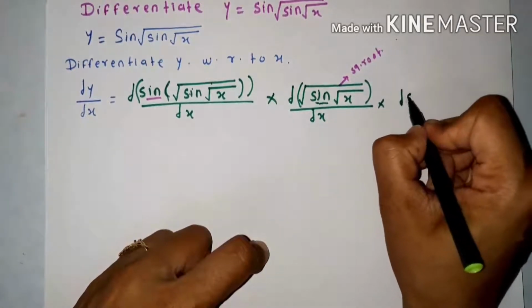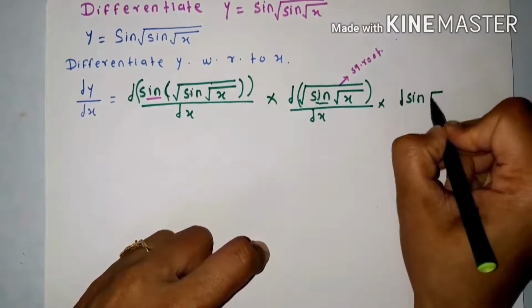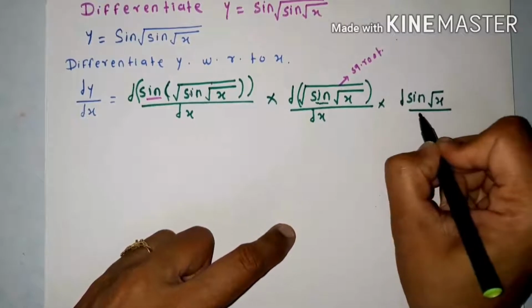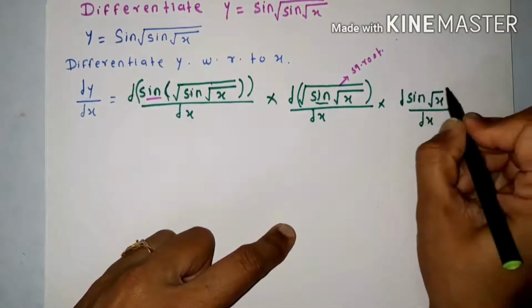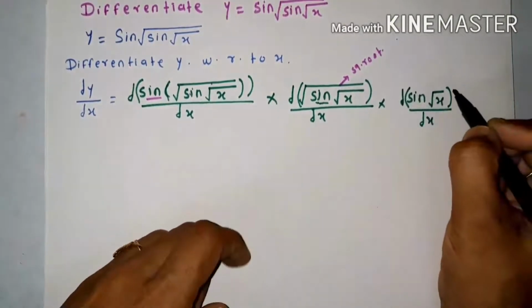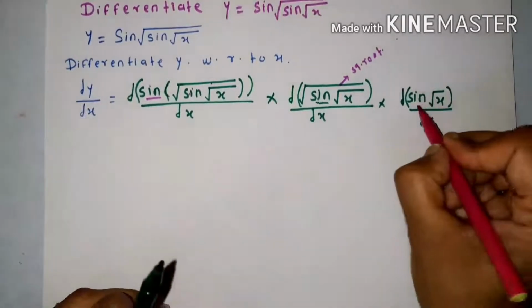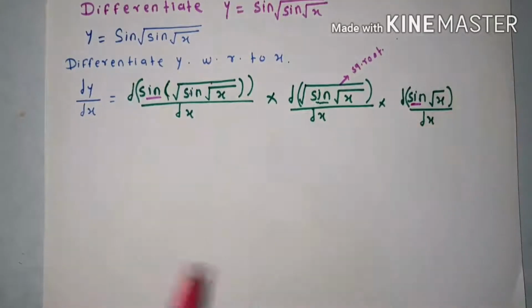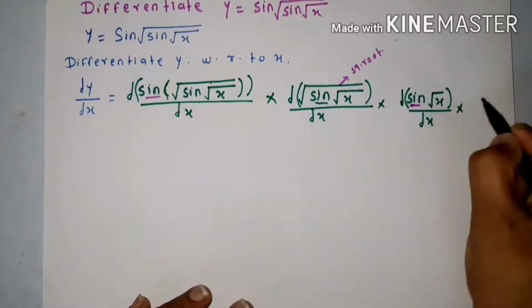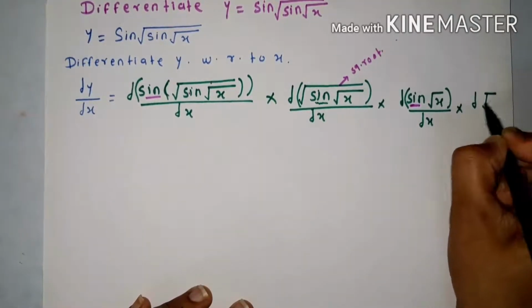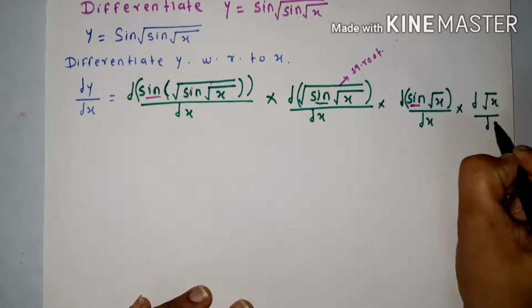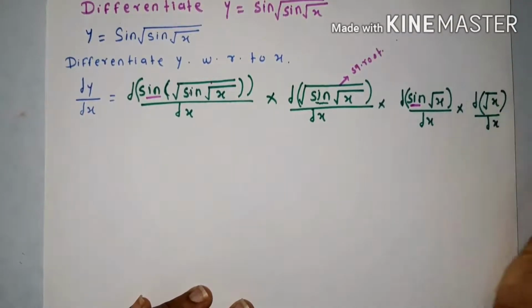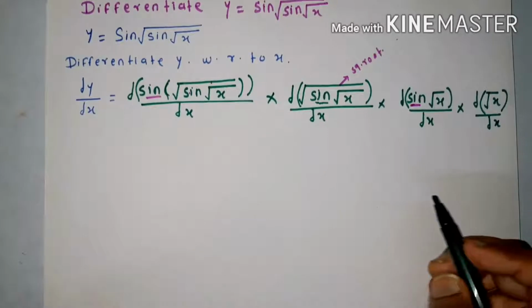Again differentiate this sine of square root of x with respect to x. Now again this sine is a function of the square root function, that is the square root of x. Therefore differentiate square root of x with respect to x. In this way we have to differentiate.